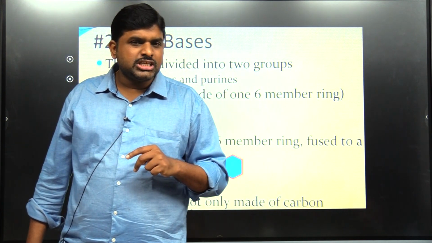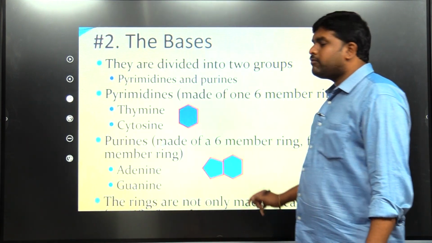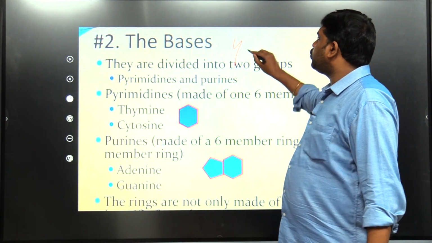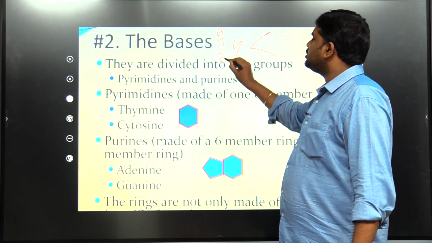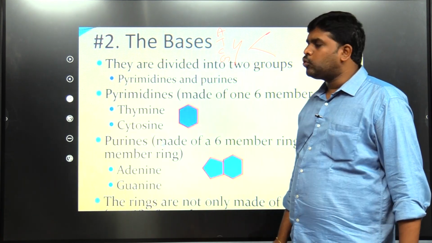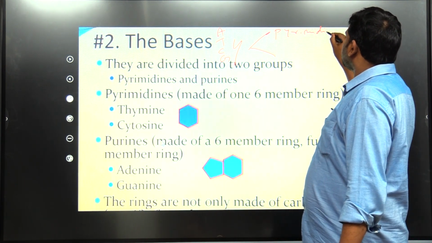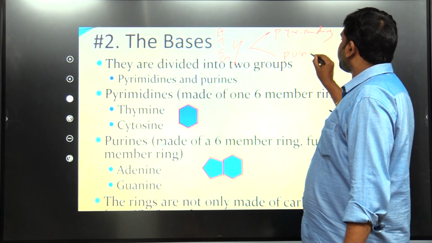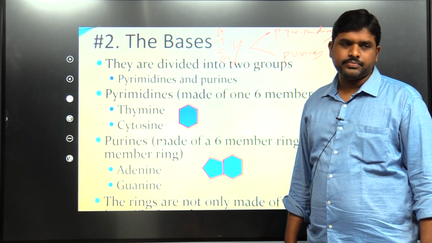So first, about nitrogenous bases. Nitrogenous bases are four, A, T, C, G, which are divided into two, named pyrimidines and purines, based upon the structure.